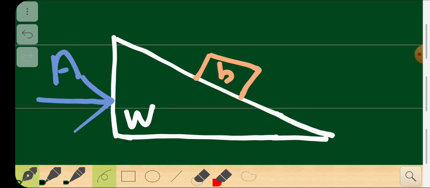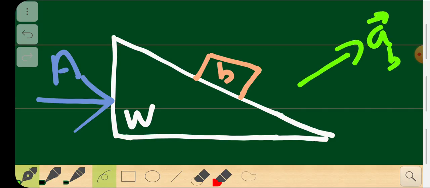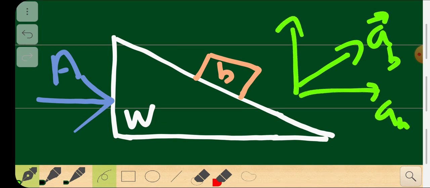What will be the acceleration of the box? It will be some kind of a vector, so it will have an x component and a y component, a x of box and a y of box.